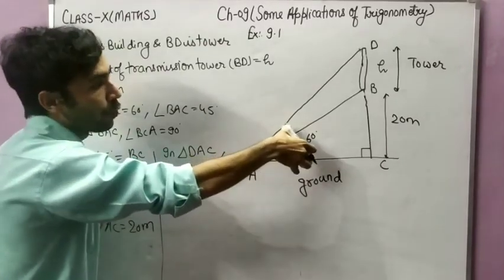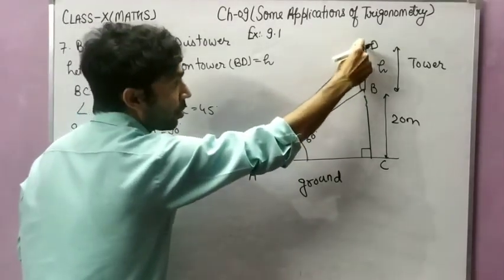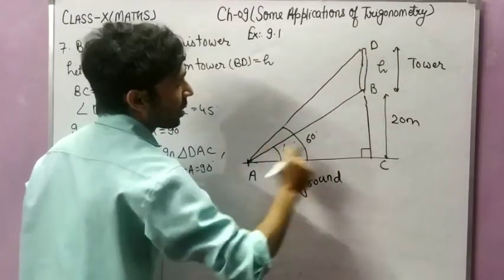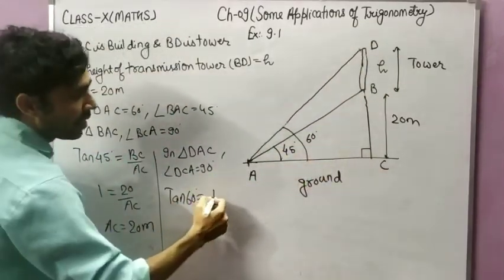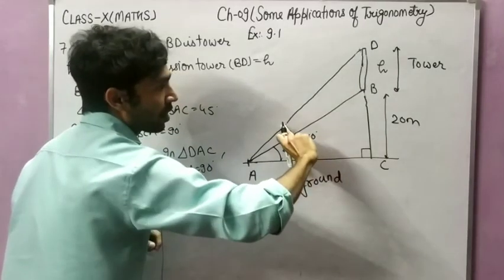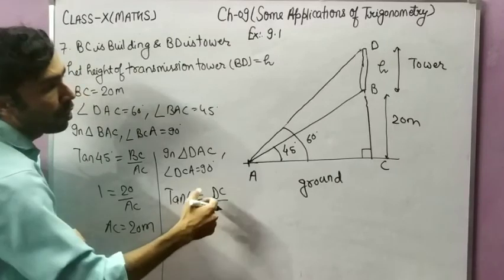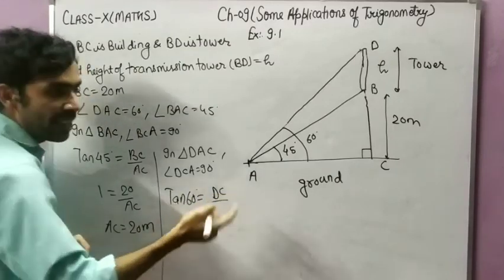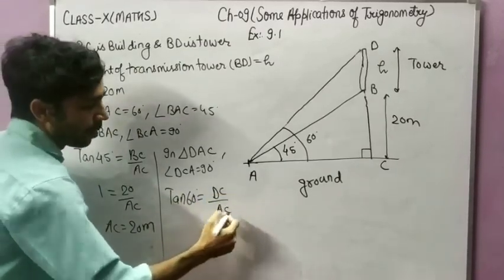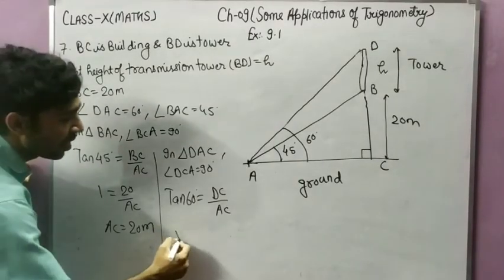So for 60 degree the perpendicular for this triangle, that is triangle DAC, the perpendicular will be DC. In front of 60 degree, DC is present, so that will be the perpendicular. So tan 60 will be equal to DC upon base will be same, that is AC. ठीक है? Now tan 60 we know that student, tan 60 is √3.